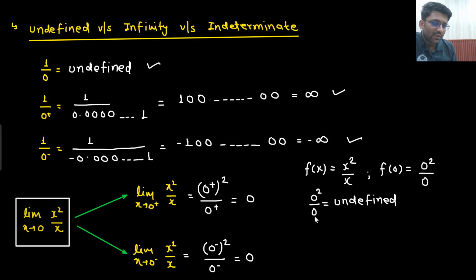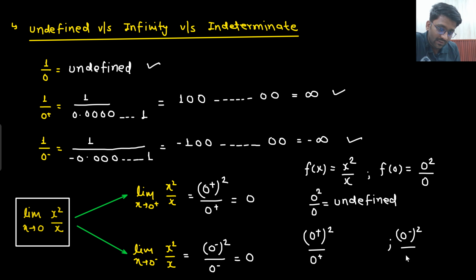That is undefined for me. But when I put 0 plus square by 0 plus, or 0 minus square by 0 minus, some finite value may be possible. So if someone asks what is 0 by 0, it is undefined, but near 0 some finite value may be possible.